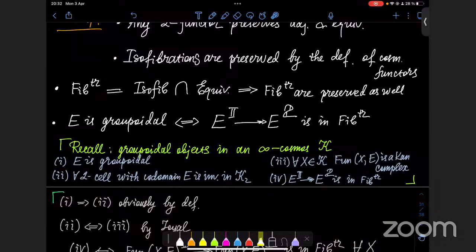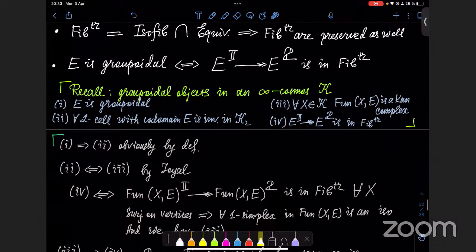The second way: any 2-cell with codomain E is invertible in K2, that is, invertible in the homotopy category of K. The third one is that for any object X of the infinity cosmos, this hom object is a Kan complex. And the last one, that this isofibration is a trivial fibration.